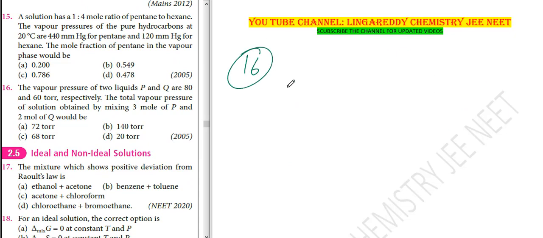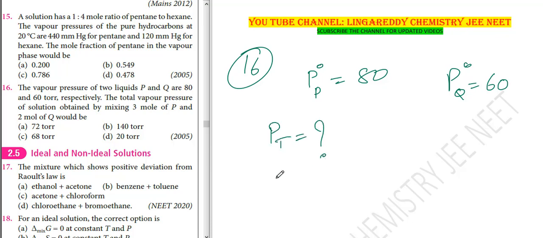Next, question number 16. The vapor pressures of two liquids P and Q are 80 and 60 torr respectively. What is the total vapor pressure of the solution obtained by mixing 3 moles of P and 2 moles of Q? See, P naught P equals 80, P naught Q equals 60.